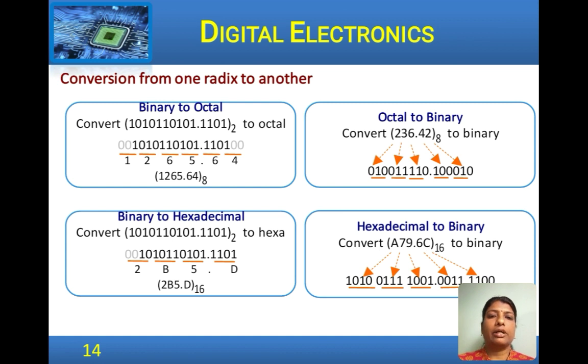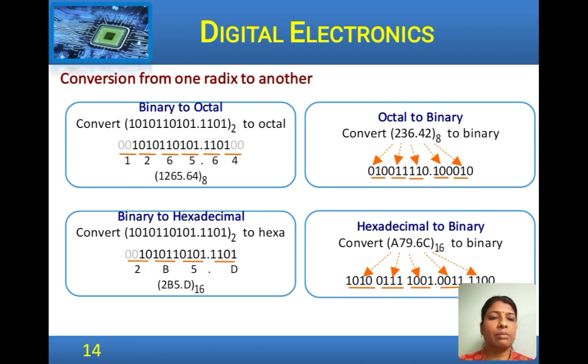Next, considering binary to hexadecimal. In hexadecimal, the maximum value is F, which is equal to decimal 15, which can be represented using 4 bits in binary, 1 1 1 1. So now for hexadecimal we will consider 4 bits, like how we consider 3 bits for octal. For the integer part, that is the left side of the decimal point, start from right to left, club 4 bits together, and if there are insufficient bits for the last group, pad it with zeros.